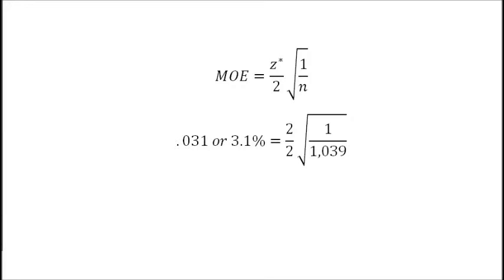Technically, there were 562 men and 477 women, but for our purposes we're only going to calculate the margin of error for total Americans. The Z-star number is the number that corresponds to a certain confidence interval. In this case, we will use a 95% confidence interval, and the corresponding Z-star number is 2. When these numbers are all plugged in, we get the bottom equation and the calculated margin of error as plus or minus 3.1% at a confidence interval of 95%.